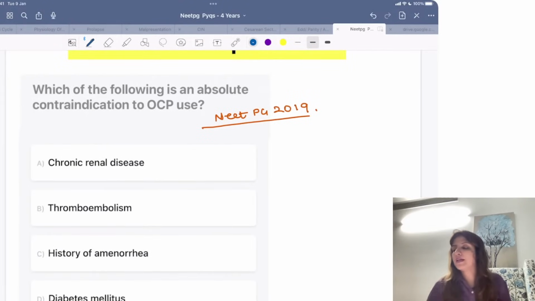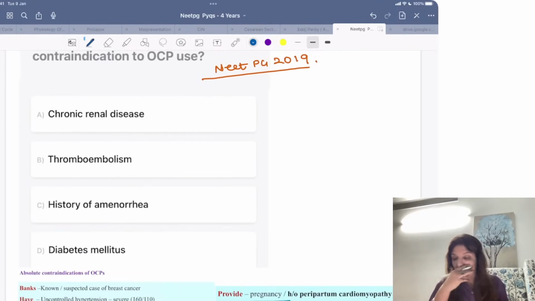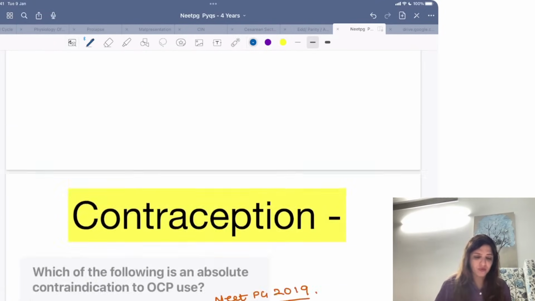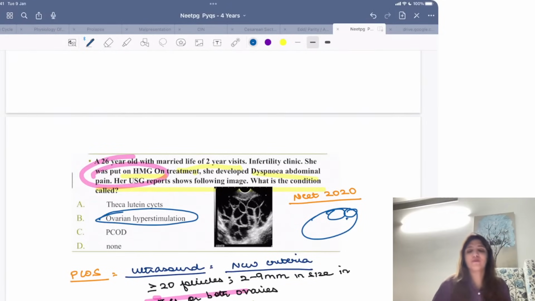Which of the following is an absolute contraindication to OCP use? Now, if you are my student who has written A over here, what are you writing A for? Theca lutein cyst? No, beta, this is ovarian hyperstimulation syndrome. Okay.